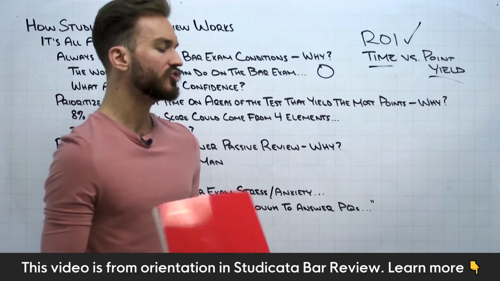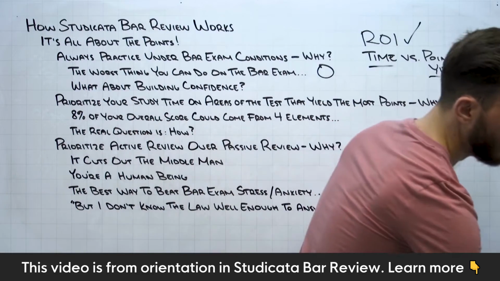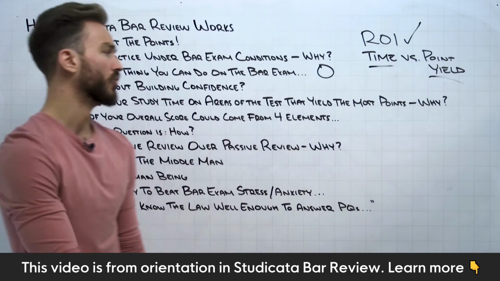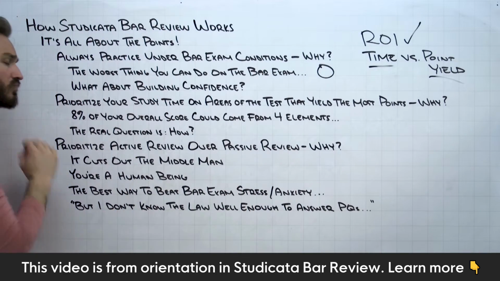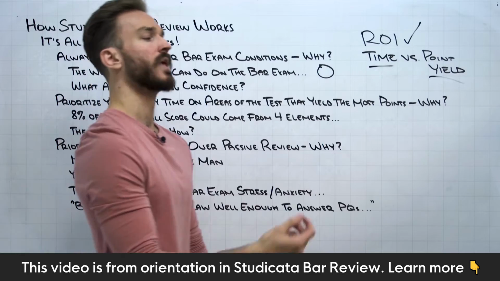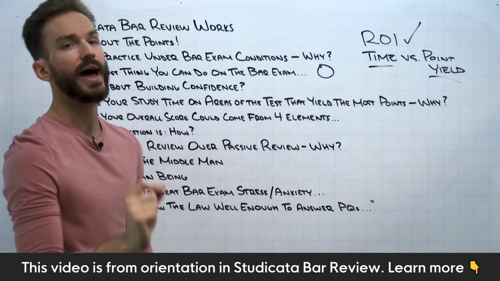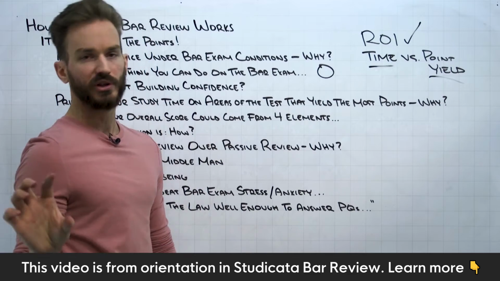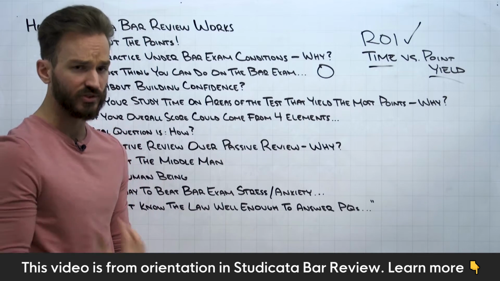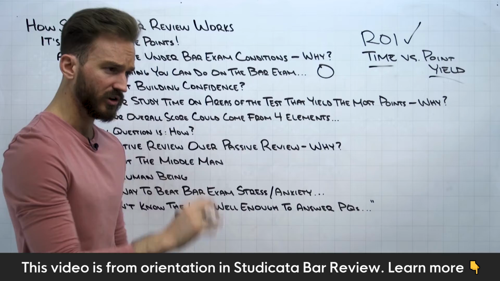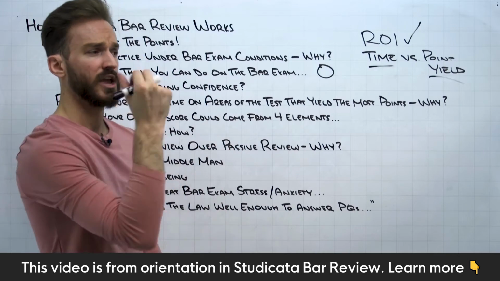Now, if you do multiple choice questions licensed from the NCBE, or you do a practice essay that we've licensed from the NCBE, and then you start to really review that essay, and you read all the explanations that the NCBE has given us. The National Conference of Bar Examiners literally tells us, hey, Studicata, here you go.